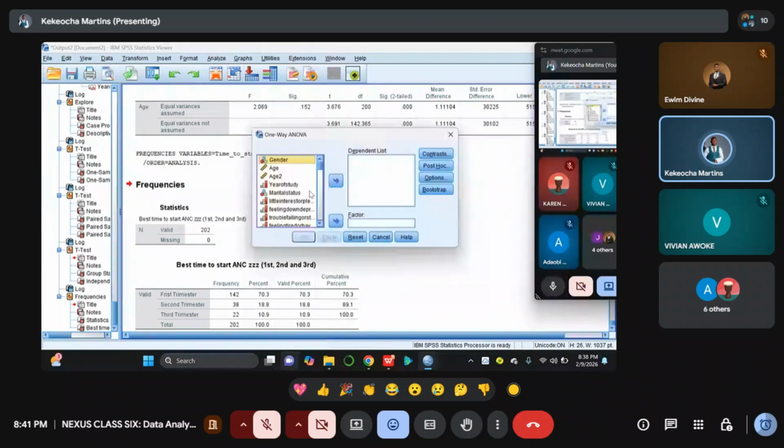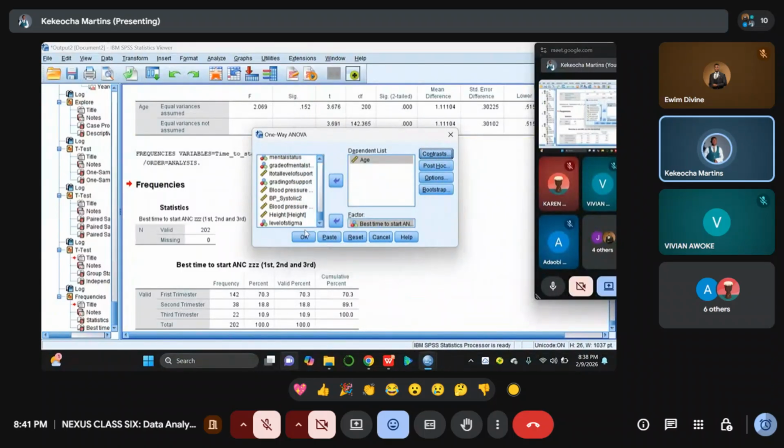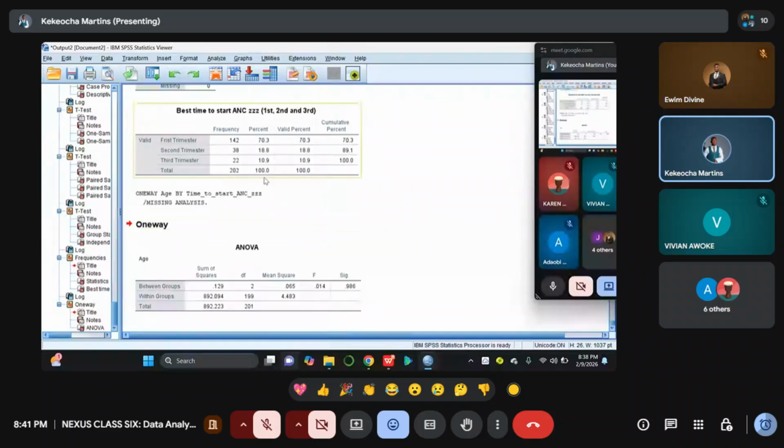Now in ANOVA, we choose age as our dependent list. Then our factor will be best time to start ANC. You move it into factor. I don't think there's any other thing you need to choose, so you click OK. In the output, you have your trimesters: first, second, third.